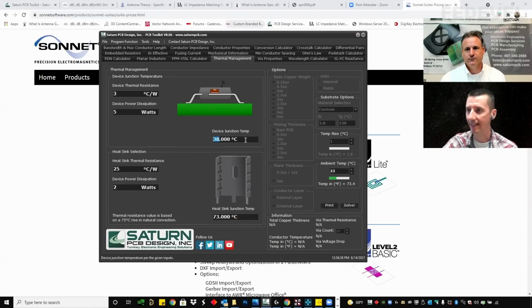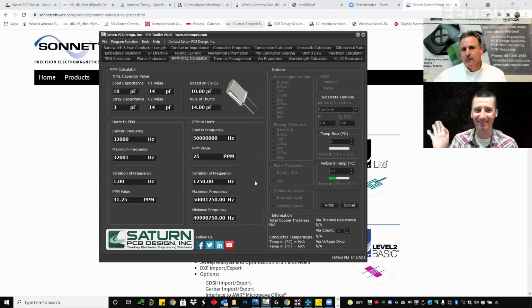Okay. Then the next one, PPM XTAL Calculator. I never use this one either. Yeah, I've been considering making a toolkit specifically for engineering only. Not PCB design, but more of a double E thing, because there's a lot of things that I would also like to add, but I just don't want to clutter up the toolkit.